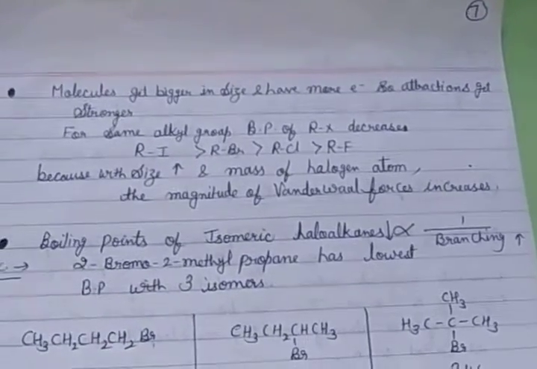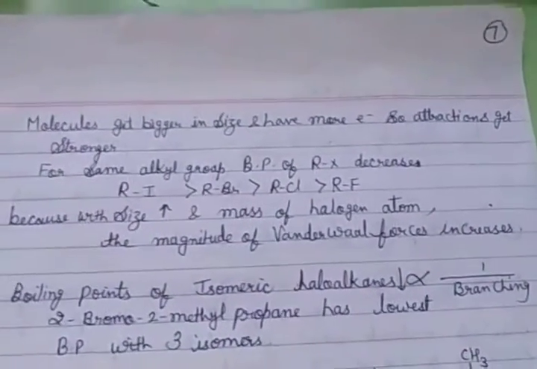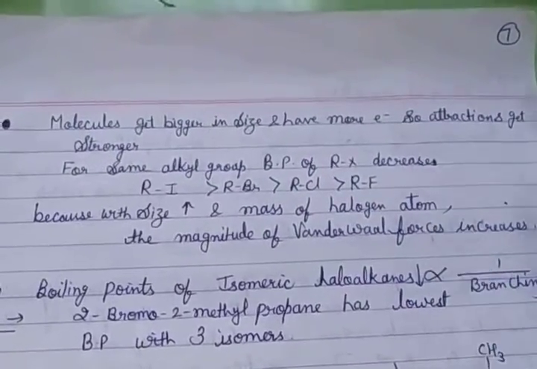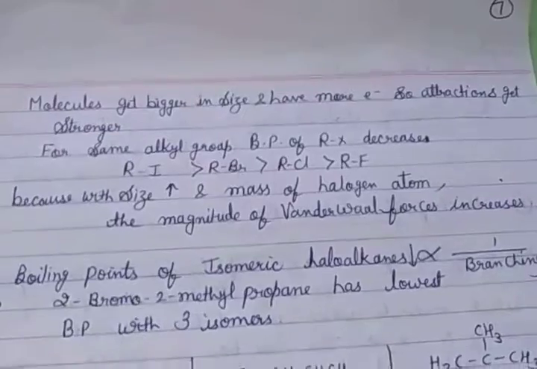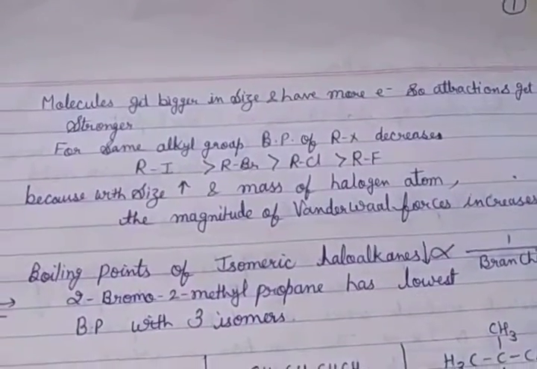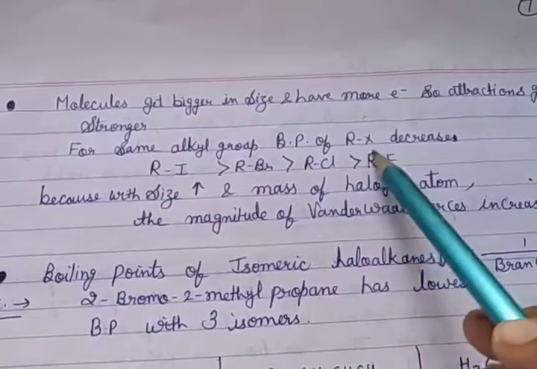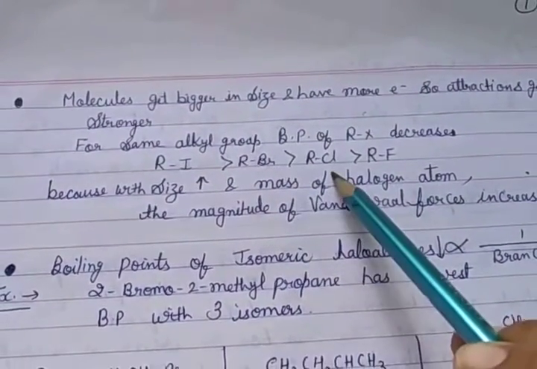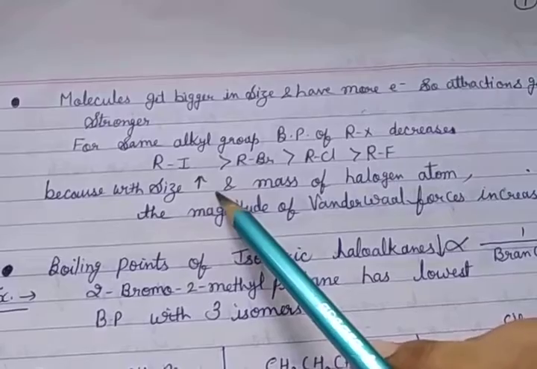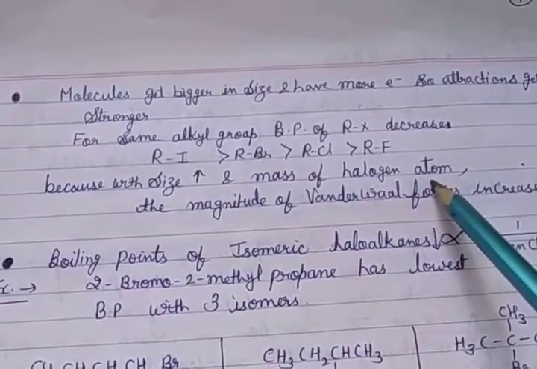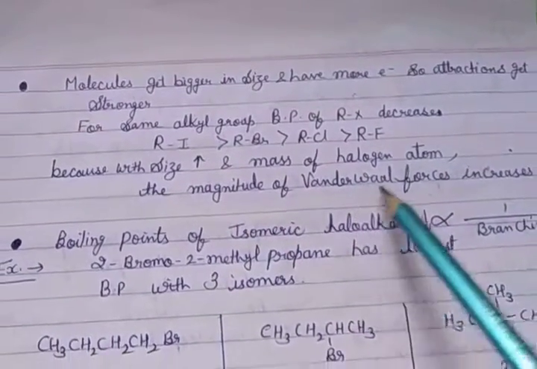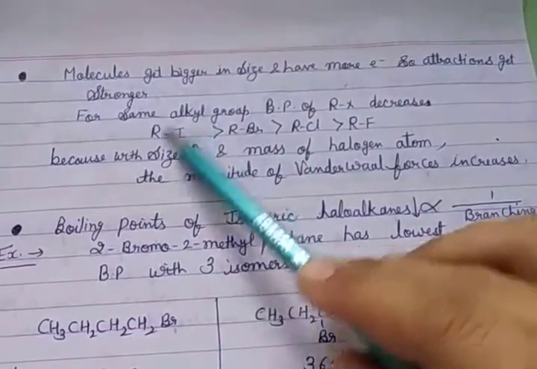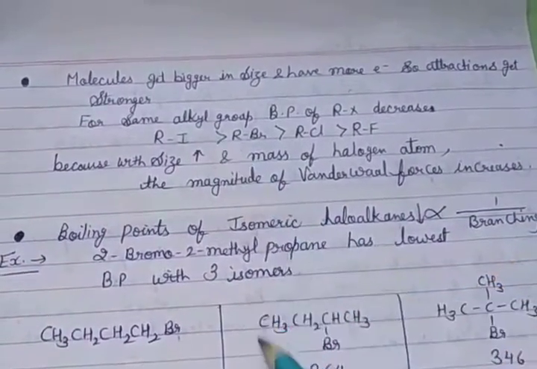Next, as molecules of haloalkanes get bigger in size they have more electrons, so the attraction gets stronger. For the same alkyl group, the boiling point of haloalkanes decreases in the order RI greater than RBr, RCl and then RF, because as size and the mass of the halogen atom increase, the magnitude of van der Waals forces also increases. So the boiling point of iodoalkanes is highest.